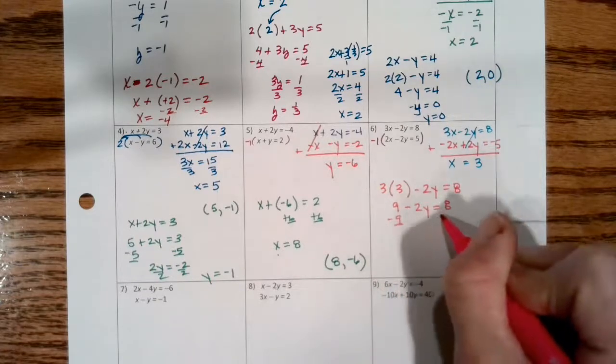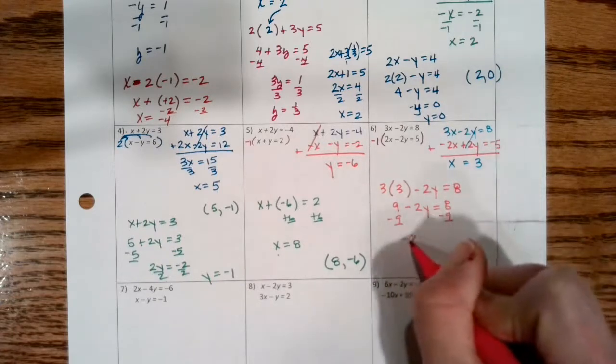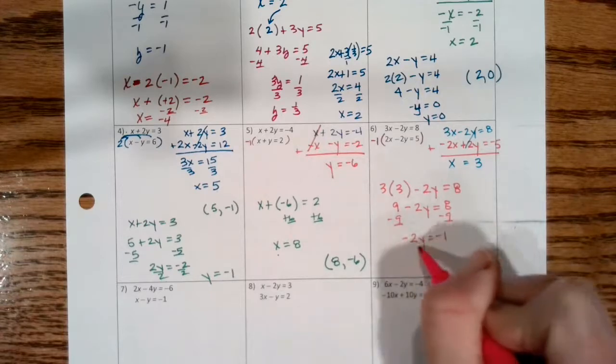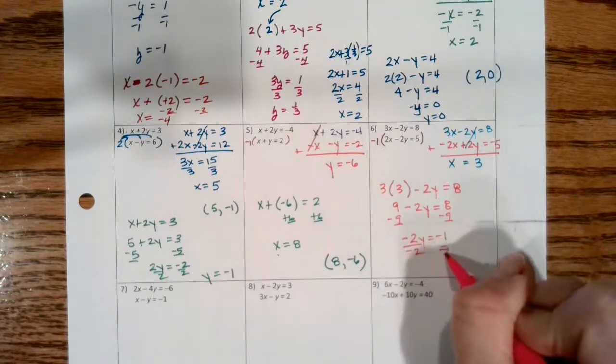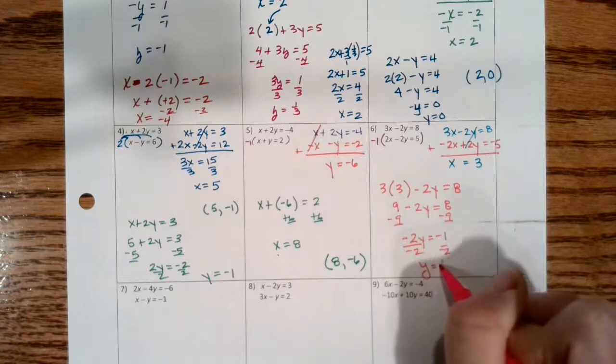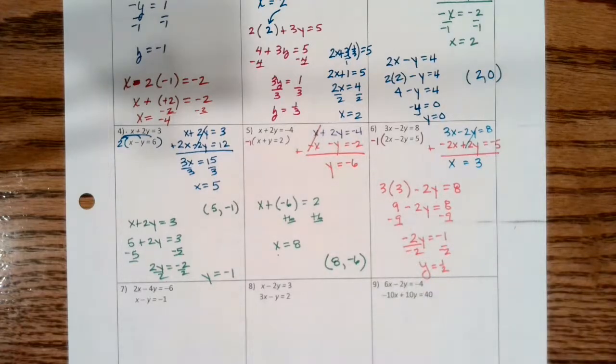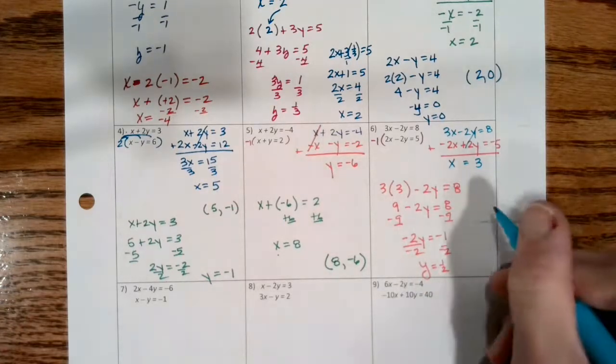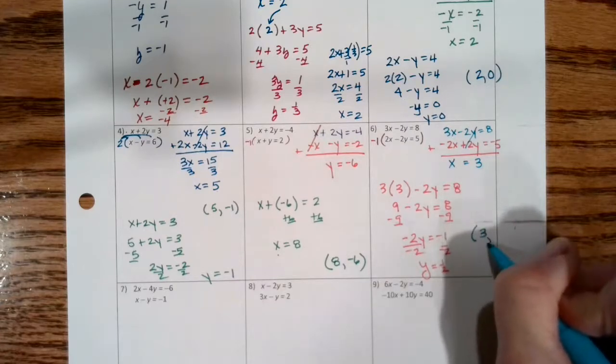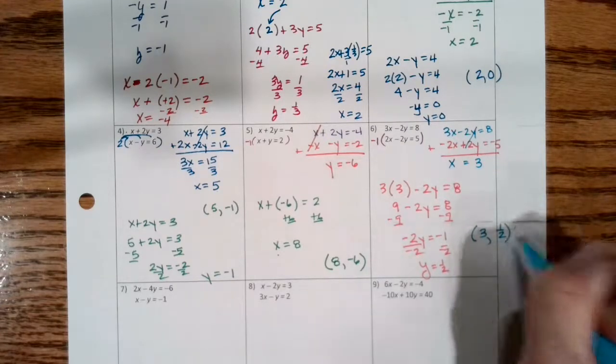Subtract 9 from each side. Negative 2y is equal to negative 1. So therefore y is equal to 1/2. My final answer, an input value of 3 gives me an output value of 1/2.